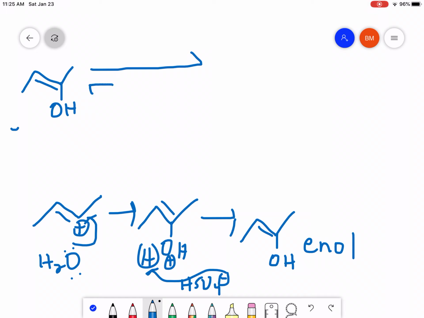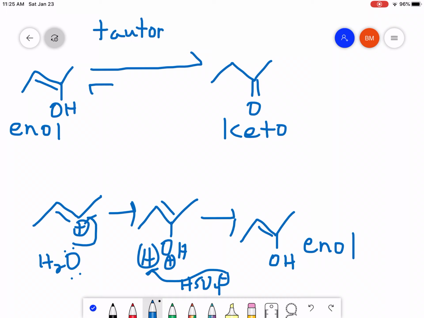This one has an enol form, and it reaches an equilibrium with what we call the keto form, which is the more stable form. And this process of interconversion is called tautomerization. And the enol and keto forms are referred to as being tautomers of each other.